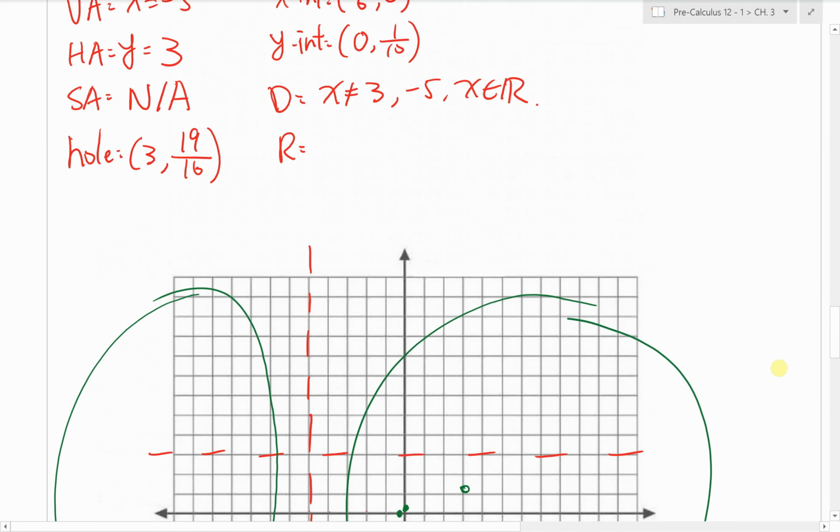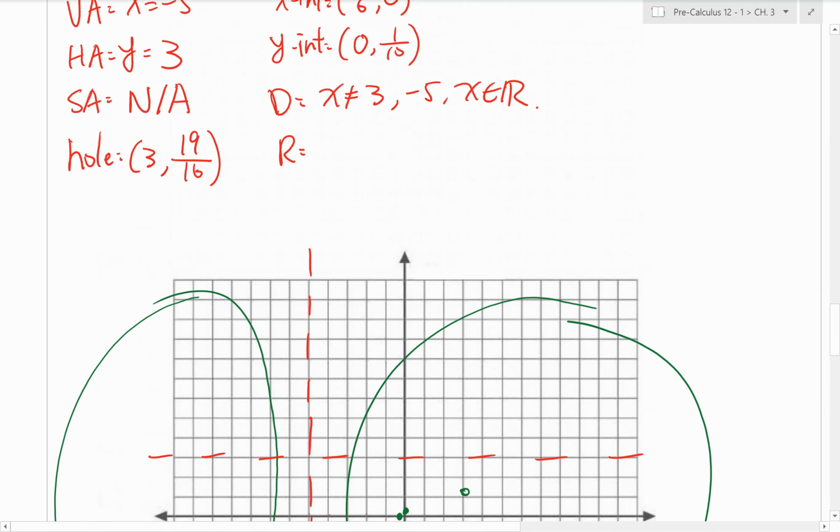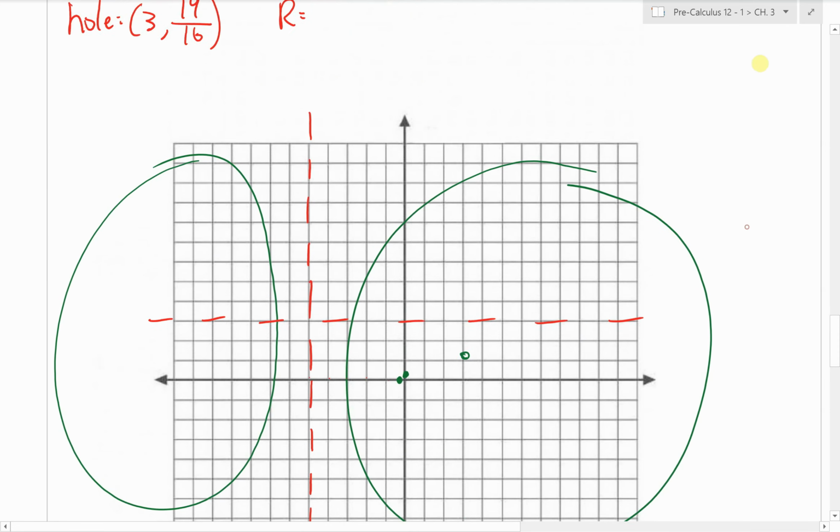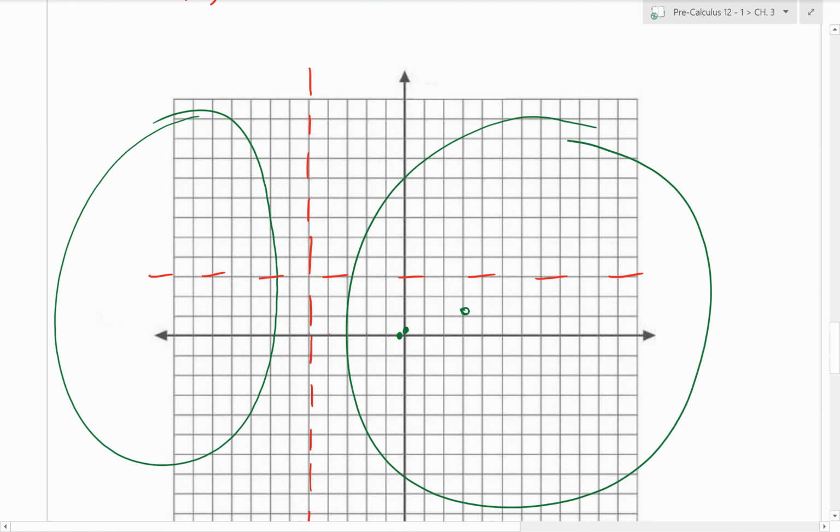Remember, if you look at the domain, it could be anything except these 2 numbers, right? So really, it's still going to be a function where the graph is mostly filled, except at this vertical asymptote and at that point. So it's going to be continuous, okay, except at those two x values.